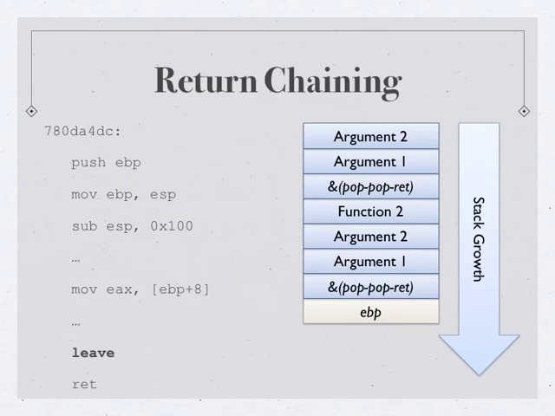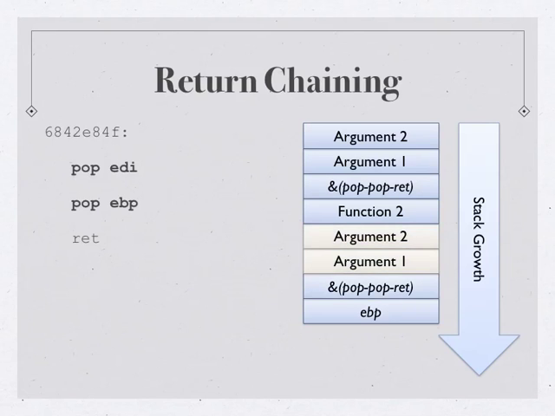Then it restores the frame pointer and returns to the next thing on the stack. That will be the address of an instruction sequence that will skip over the arguments. It'll just pop, and then ret, and it'll take the address of the next function to execute, and then do the same.